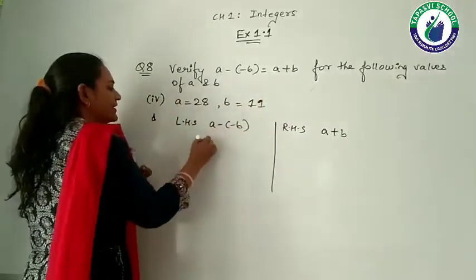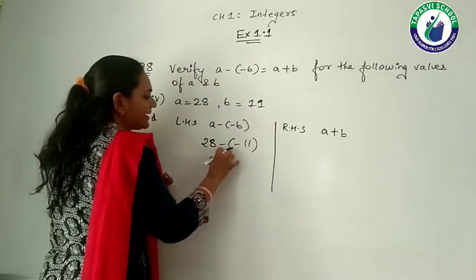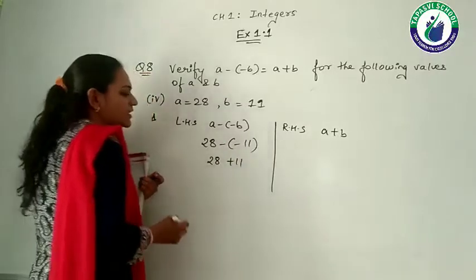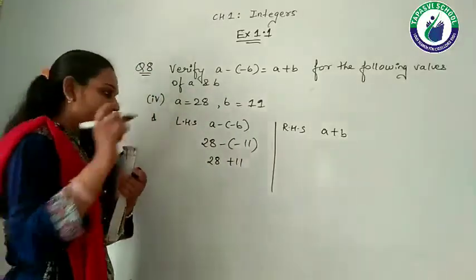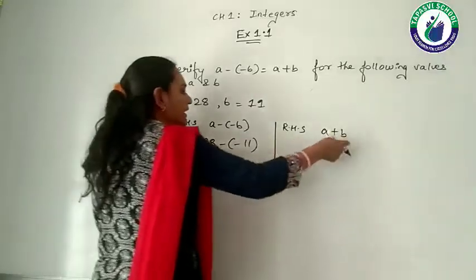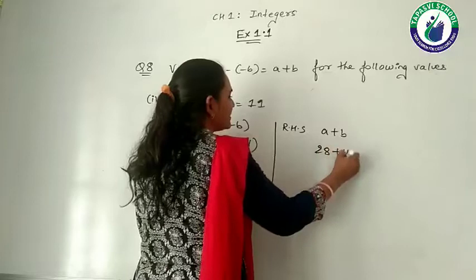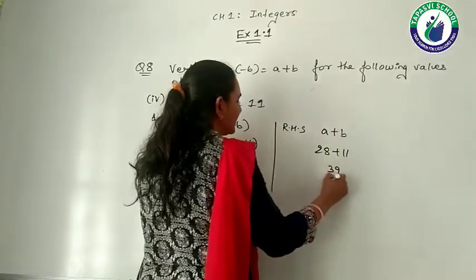So the value of A is 28, the value of B is 11. So 28 minus, minus becomes plus. So 28 plus 11, so the result comes as 39. Right hand side, the value of A is 28, the value of B is 11. So 28 plus 11 is 39.